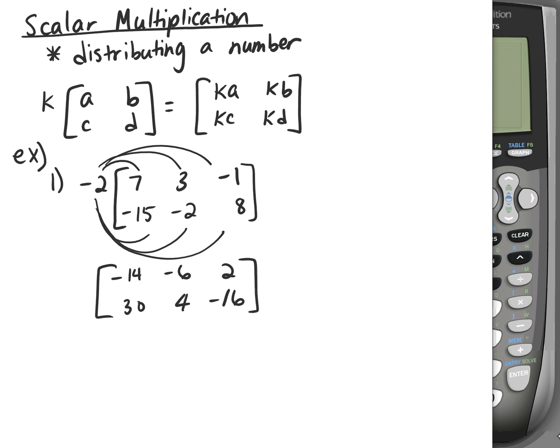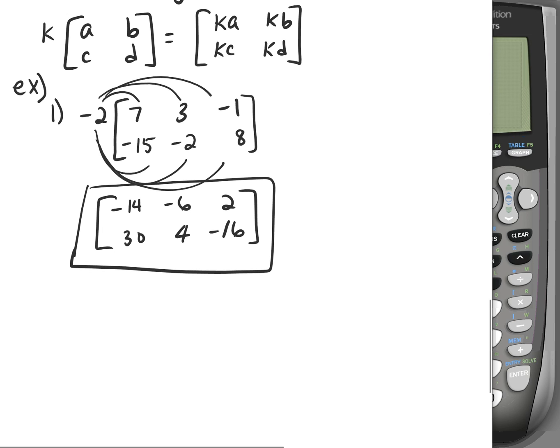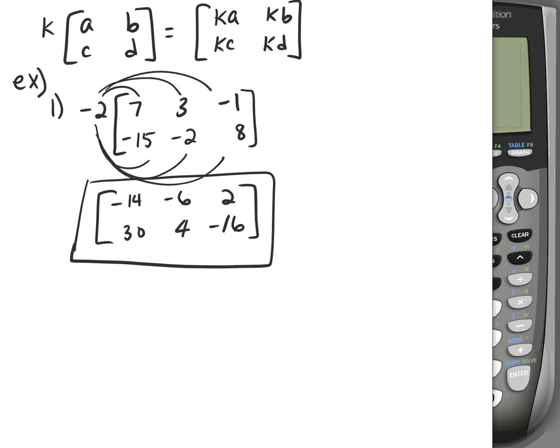Being careful with the negative signs. And that's really it. Again, you might have two steps where you're going to distribute and then do some adding, subtracting. So you just want to make sure you account for that when you are plugging this information in.